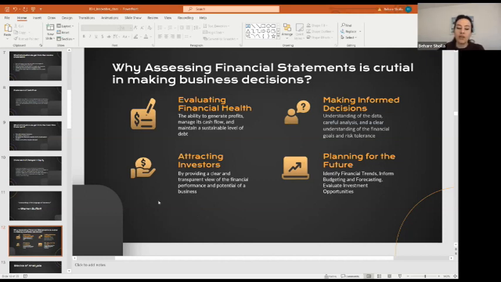They will check the income statement, because the income statement is otherwise known as a financial performance statement. So they will check the cash flow, whether it's positive or negative, and then they will see the financial performance based on whether the company has generated net profit or not.